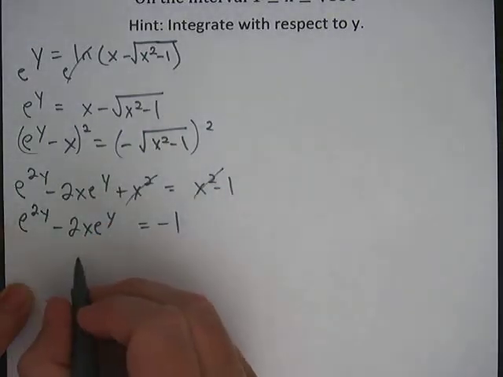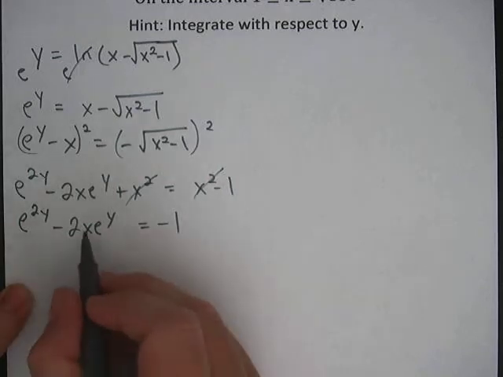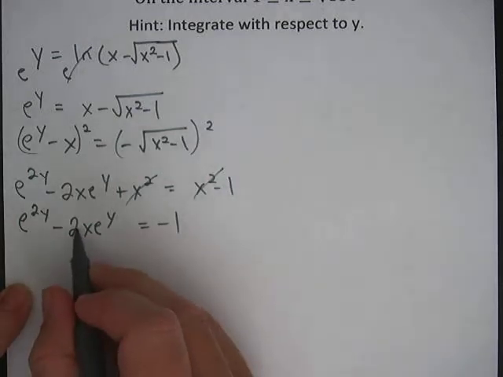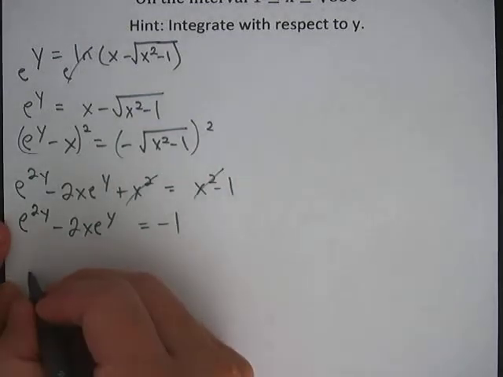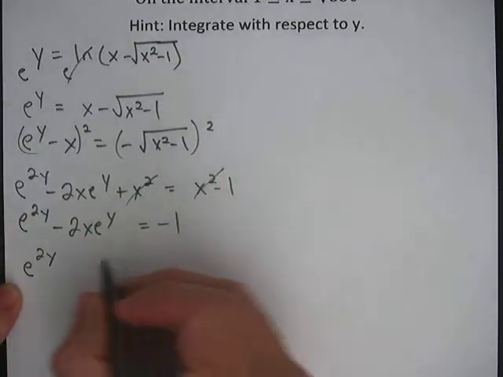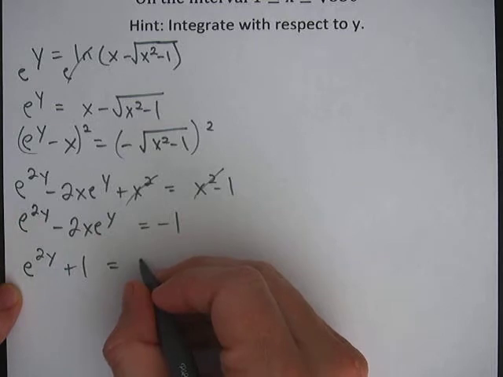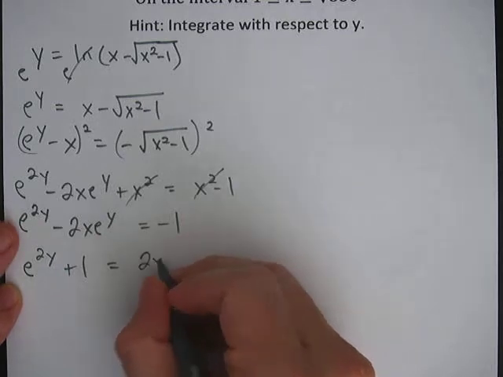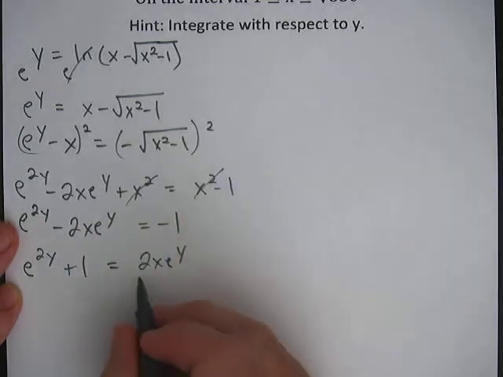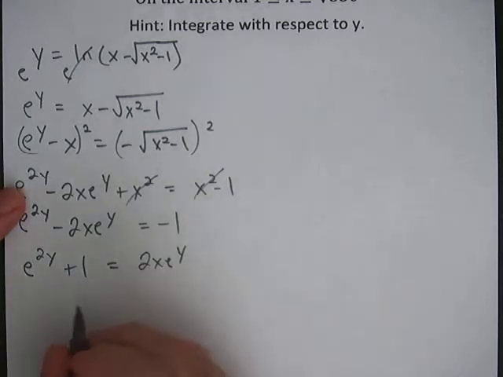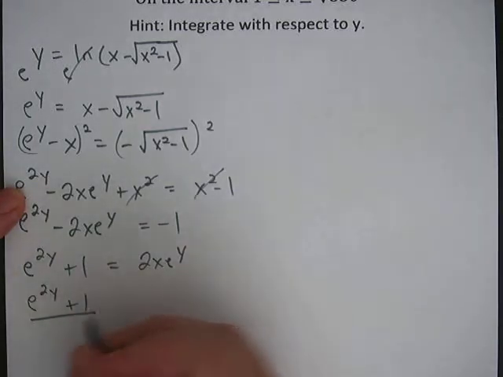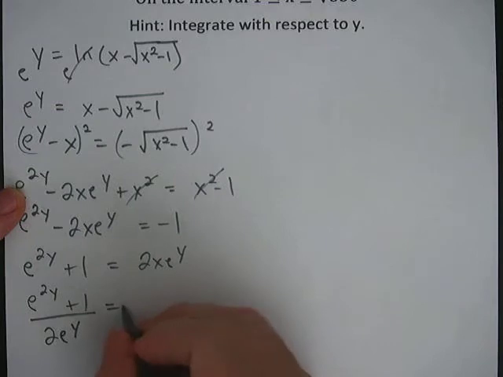Okay, let's switch these sides. So let's move this one over here and this one over here. So we would get e to the 2y plus 1, move the 1 over, equals 2x e to the y. Then let's divide by 2e to the y. So we would get e to the 2y plus 1 over 2e to the y equals x.